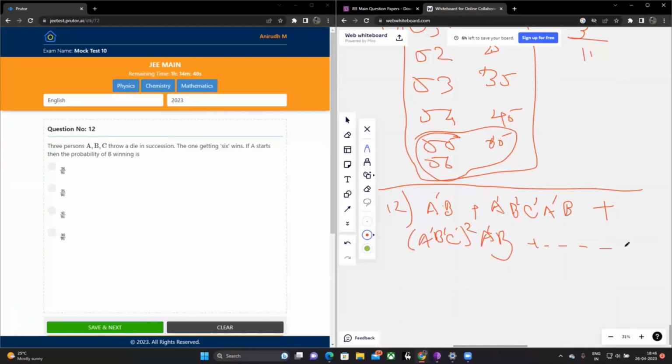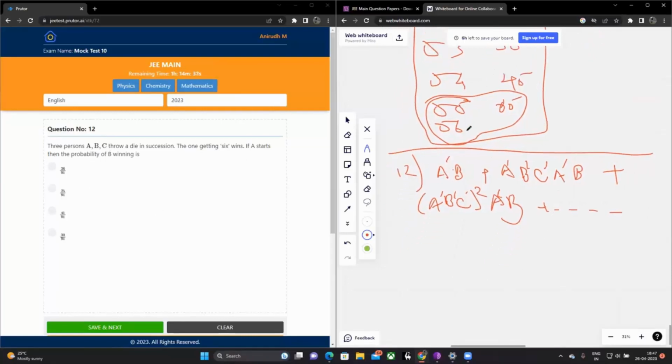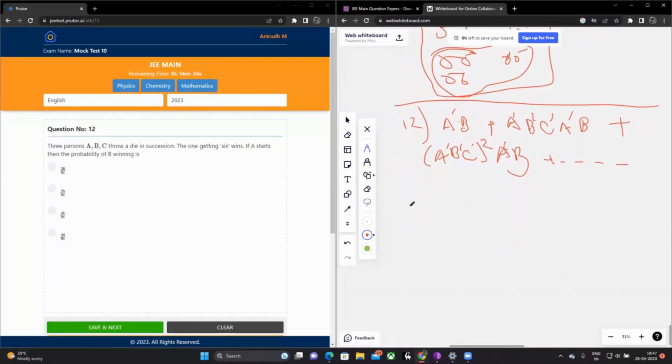And the game keeps going on, right? Any one of these has to occur for B to win. And this sequence has to occur for B to win, because A starts, then B comes, then C comes, right? So you can see that this is basically a GP, where you have the starting value A dash B, and you have your common ratio A dash, B dash, C dash, right?